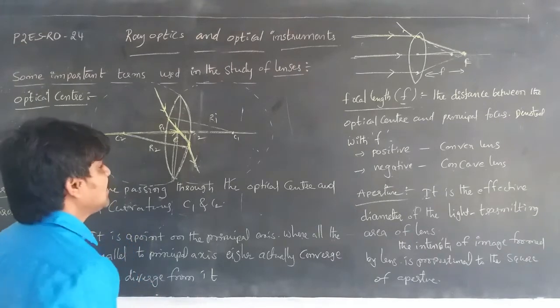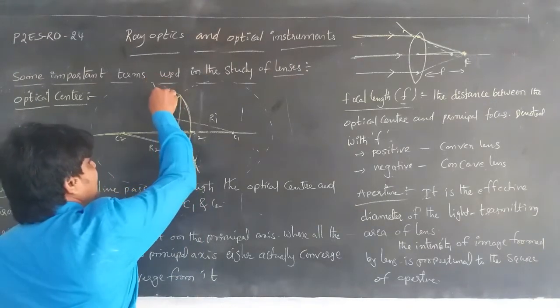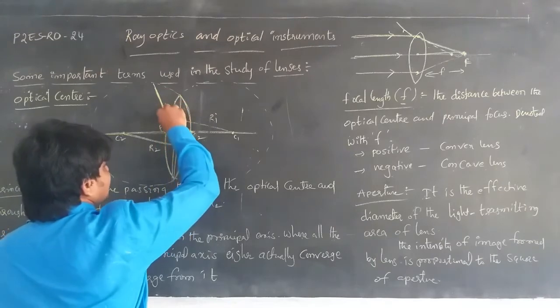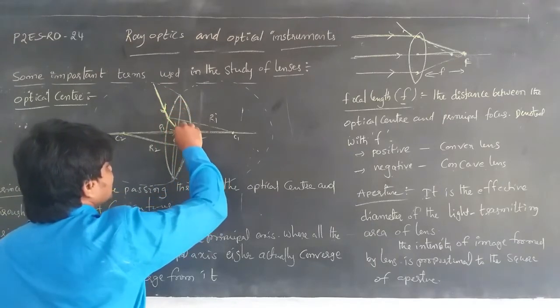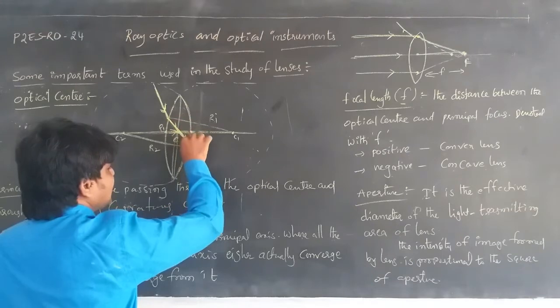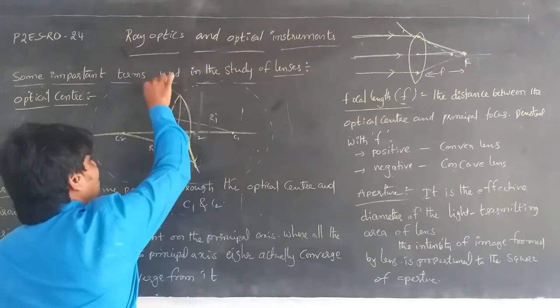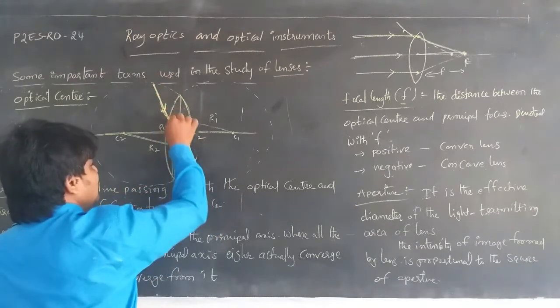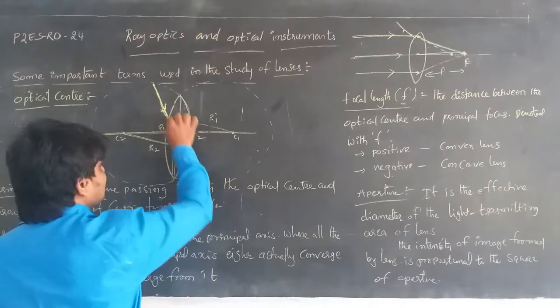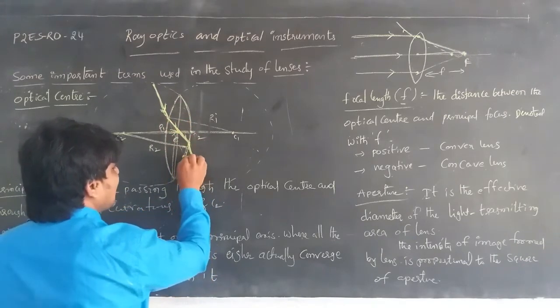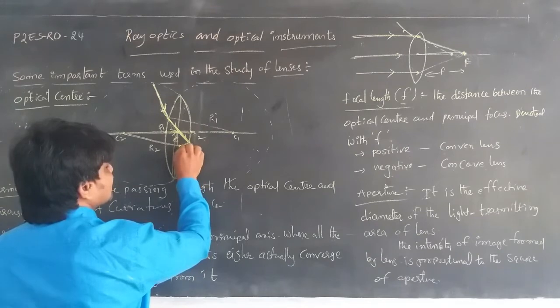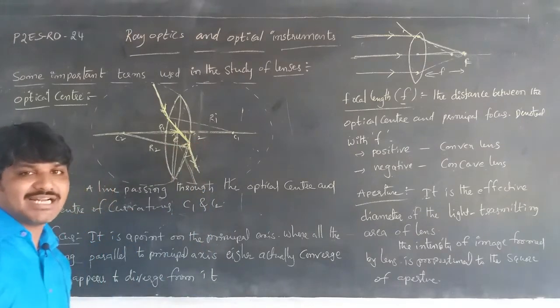Whenever light is incident on this, it will refract, and the ray moving through the optical center comes out parallel to the incident ray. Actually this is the path, this is the distance, and this is the lateral displacement.